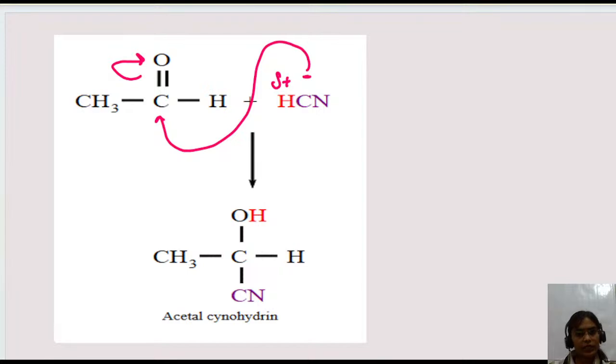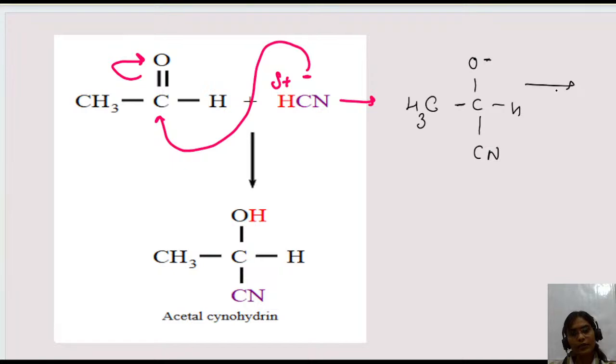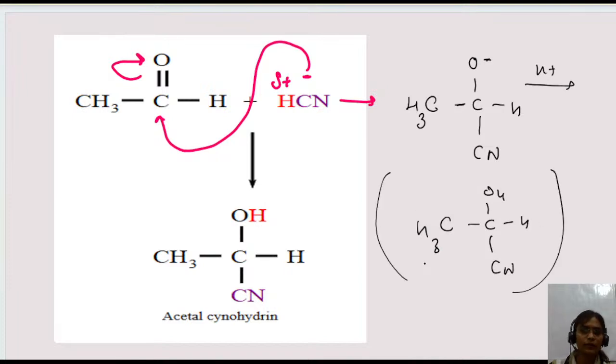So what we get, if you proceed with the reaction, is CH3, and since the bond opened up, it's negatively charged, with CN and hydrogen there. In the second step, hydrolysis with H positive, we get CH3CH(OH)CN. As for the name, it's acetyl cyanohydrin.